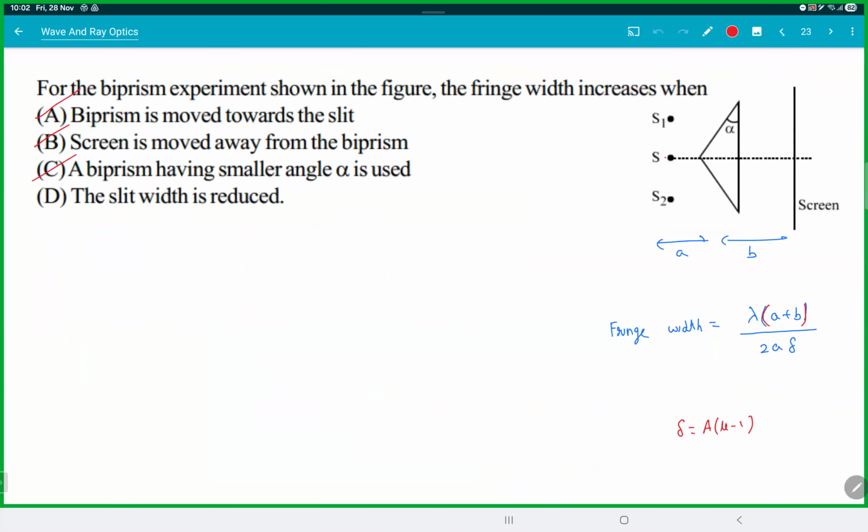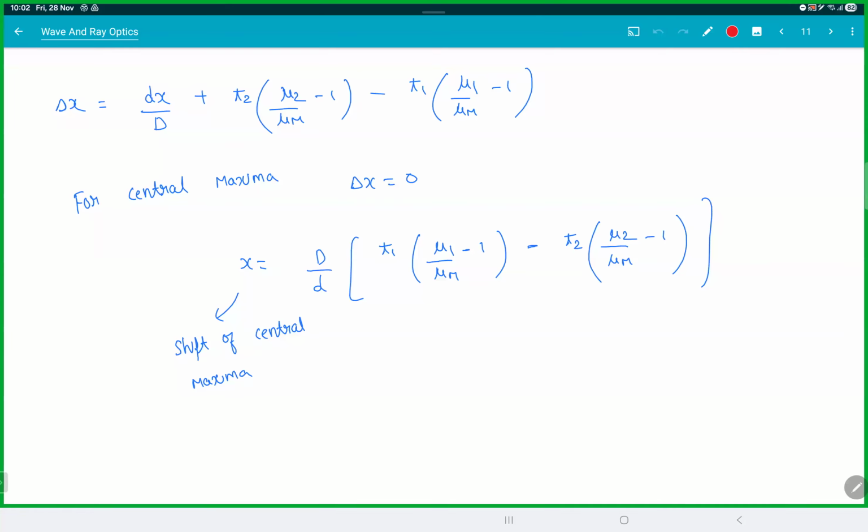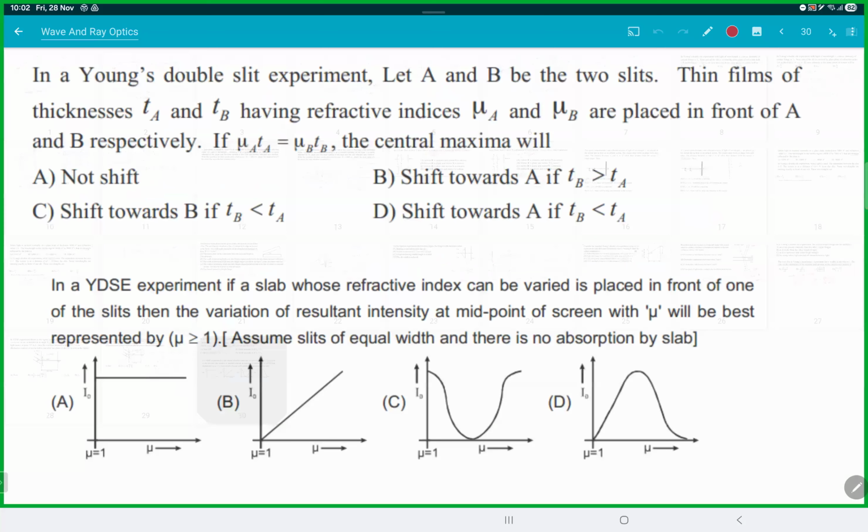We just now derived this. This was the shift. So mu1, mu2, the medium is 1. So he indirectly gave you... outside is not given.